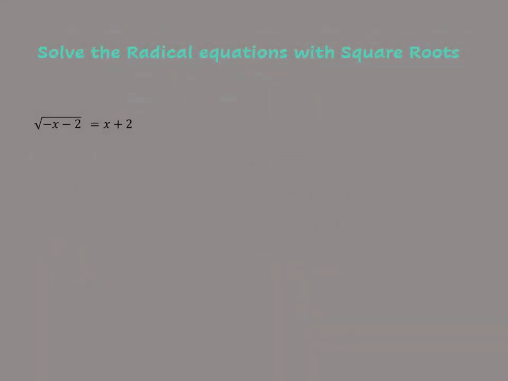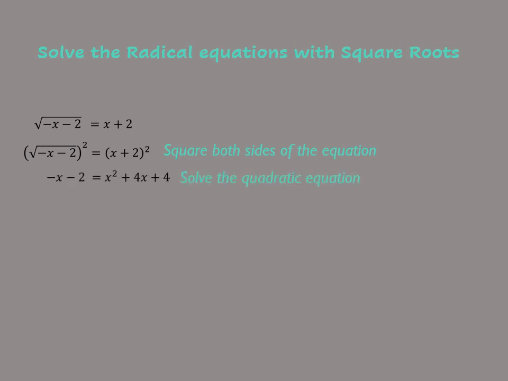Another example, also the radical is already isolated on one side, so we can start by squaring both sides. Simplify. Now we're going to use the zero property to solve for the solutions.